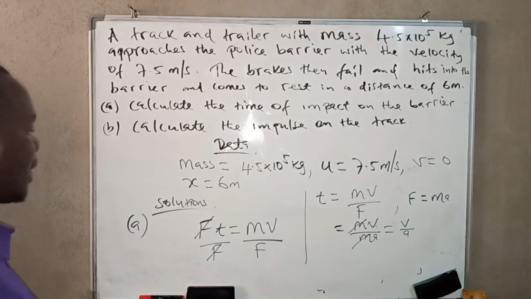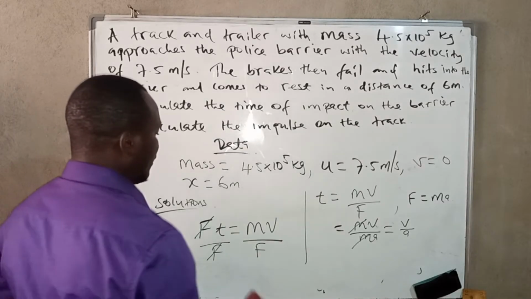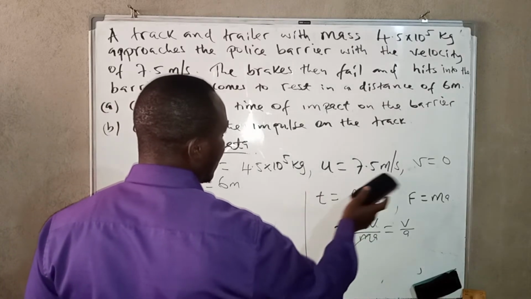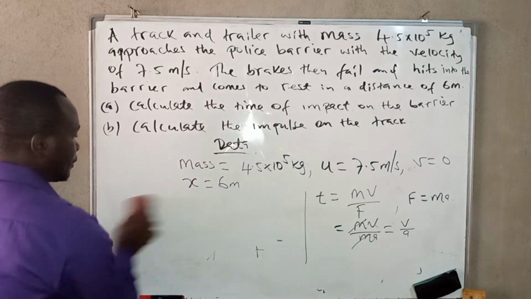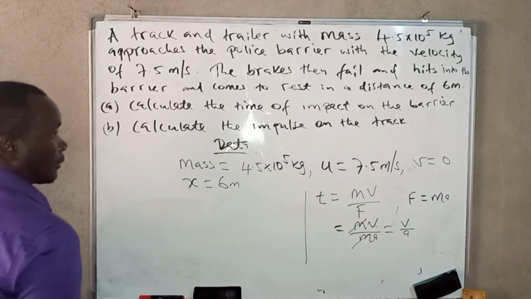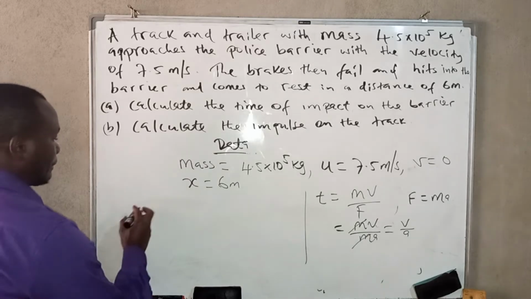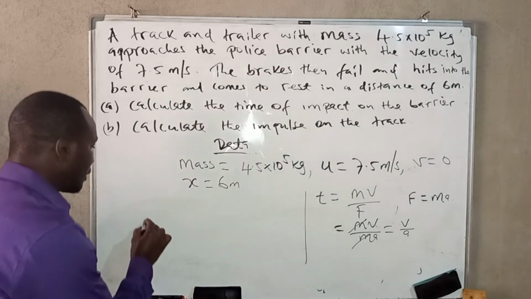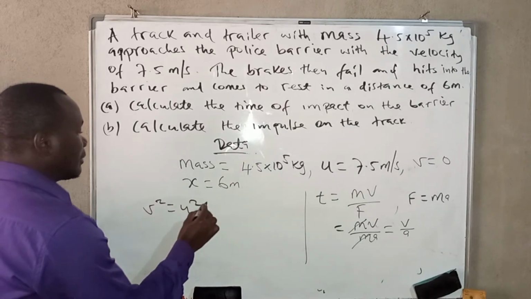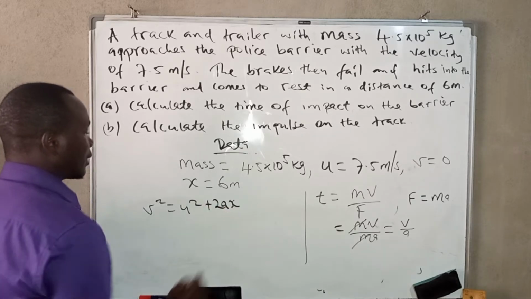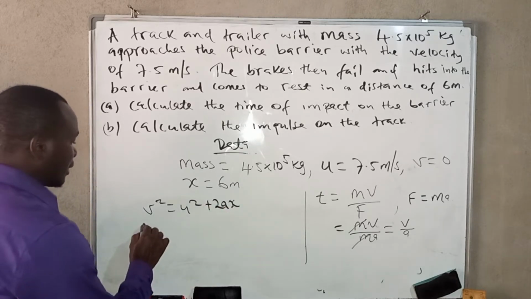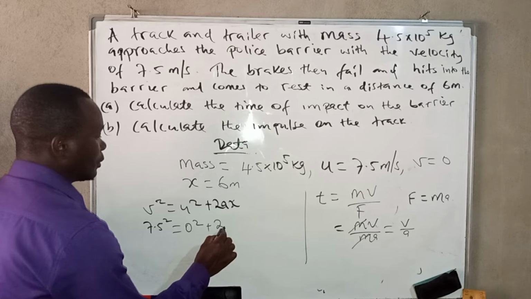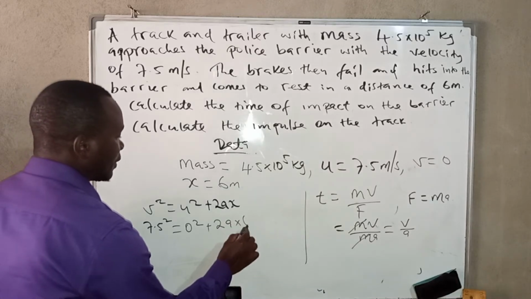Now, from the information that we have, we can find the value of a, since we have u and we have v. On the equations of motion, the most suitable equation that we can use is v squared is equal to u squared plus 2ax. And we know that this is 7.5 squared, which is equal to 0 squared plus 2a times 6.